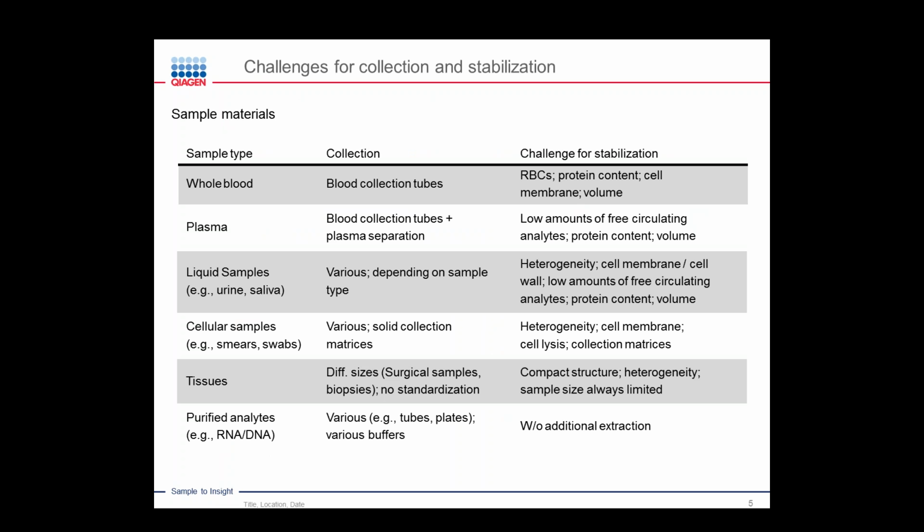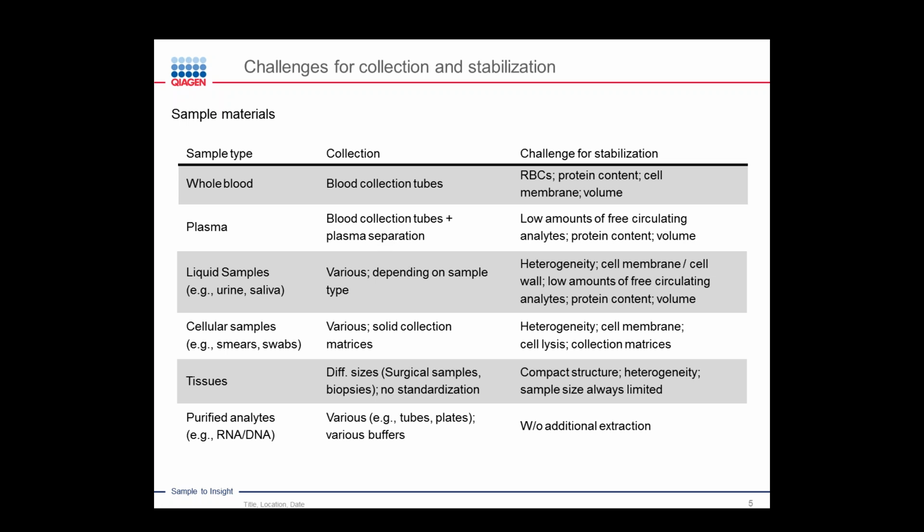Here you can see a variety of different biological starting materials and a related question: how to collect and stabilize this material in a proper way. As an example, I would like to choose whole blood or plasma as a sample type. For the collection, you have to consider using a blood collection tube with the right volume that is compatible with your sample preparation method.